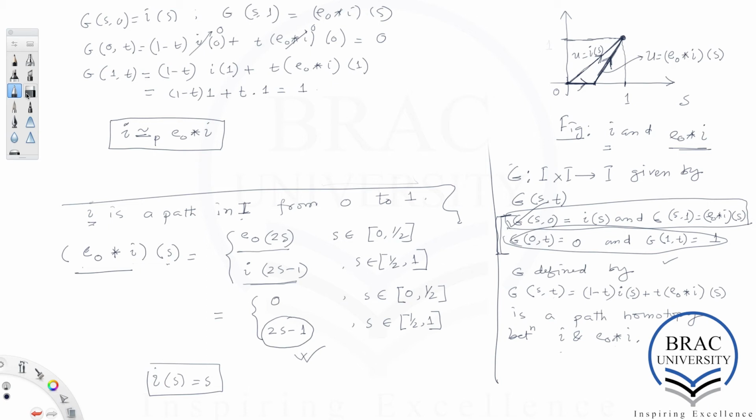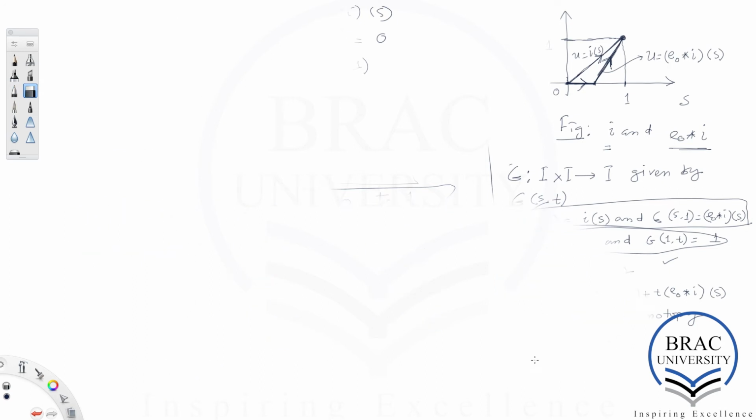So now I can erase everything. So we have just proved that we'll need the fact that I is path homotopic to E0 star I. Okay, we'll need this result.